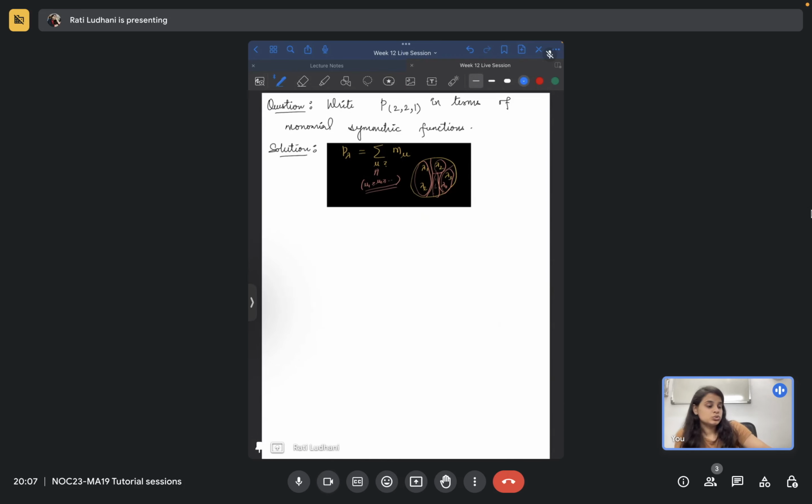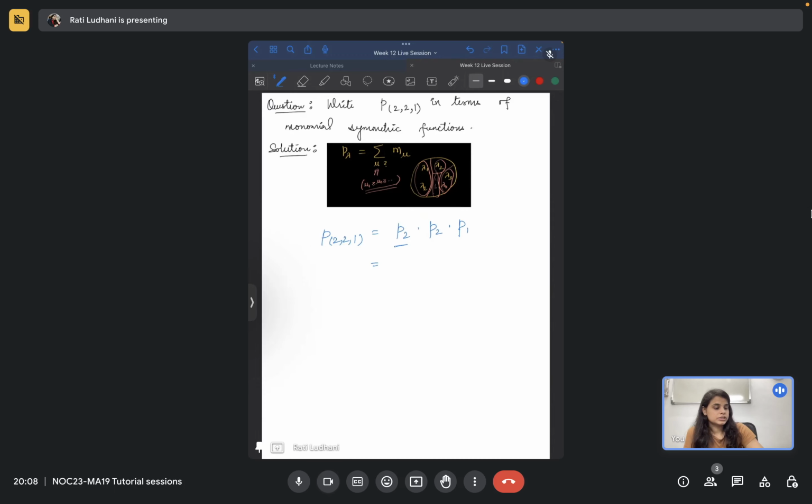Write P221 in terms of monomial symmetric functions. Now you need to write it in terms of monomial symmetric polynomials m lambda. This is a power sum. So P221, if we write it in the basic form, is P2 into P2 into P1.